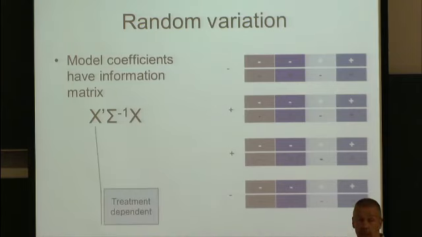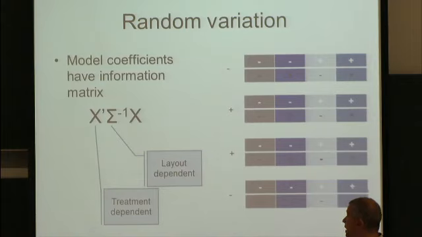The X obviously is treatment dependent. It depends on what treatment you allocate to the various observations. And the sigma is layout dependent. It depends on the whole plots and the subplots of the experiments.